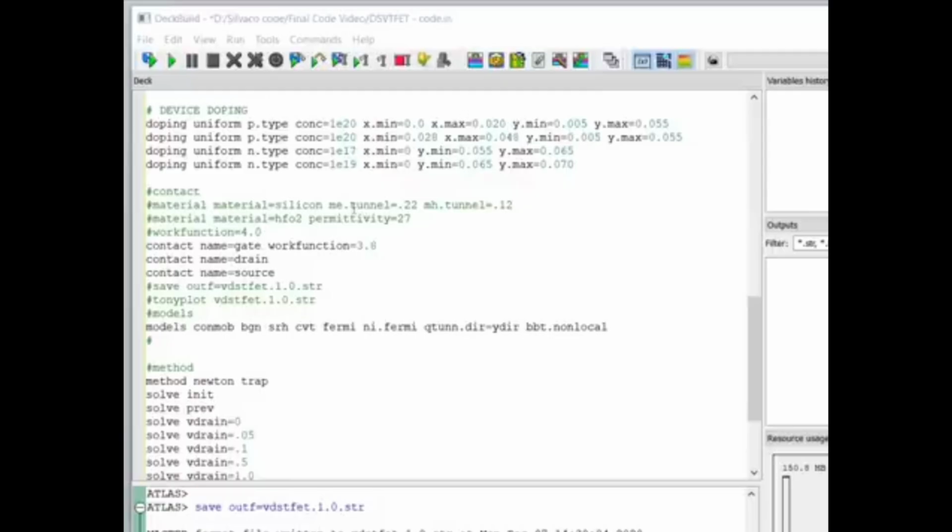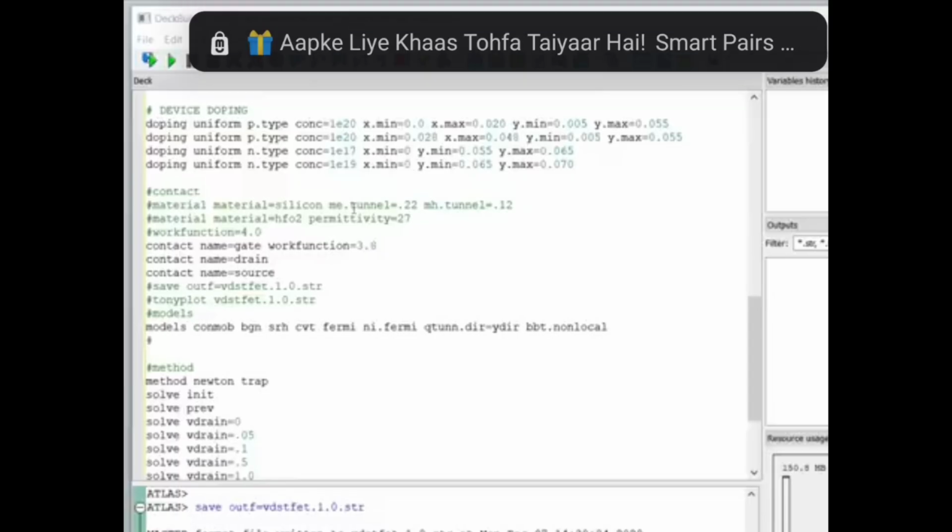Next, we have to define the doping for the drain region. We are using a drain doping of 10 raised to power 19 with X minimum 0, Y minimum 0.065 and Y maximum 0.070.